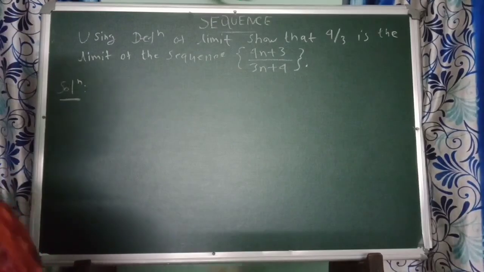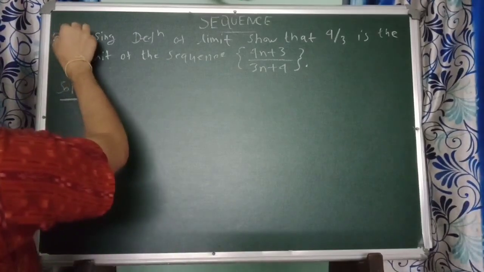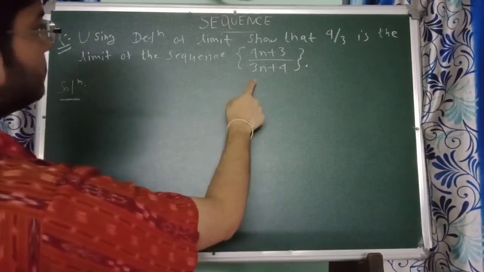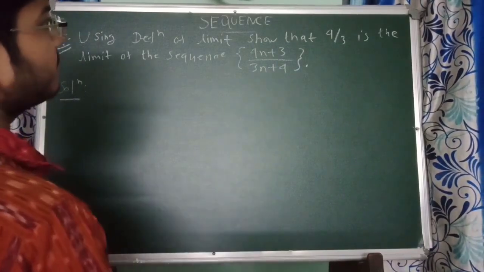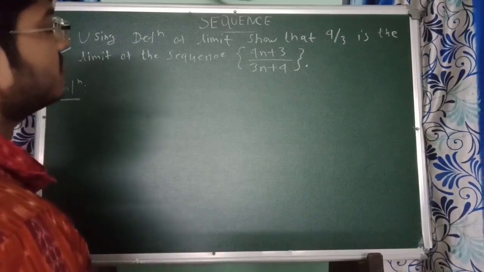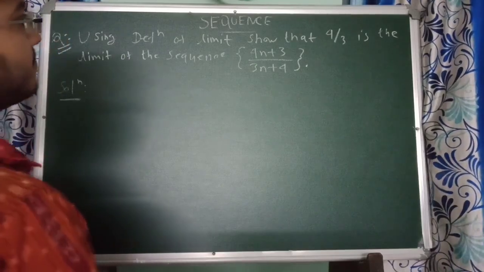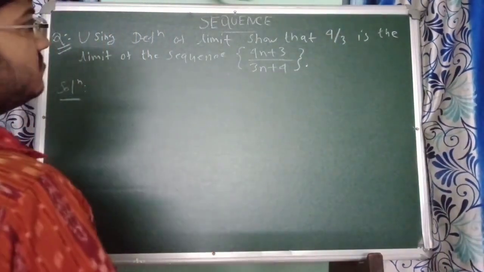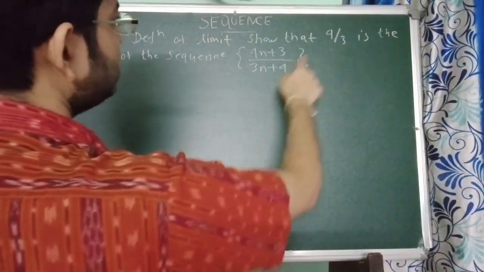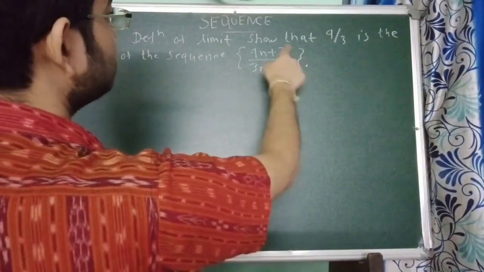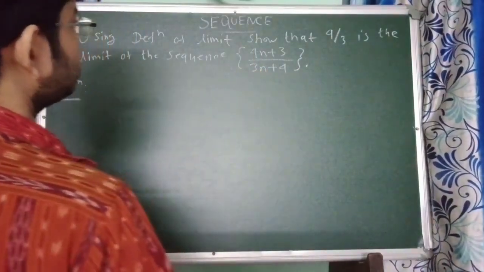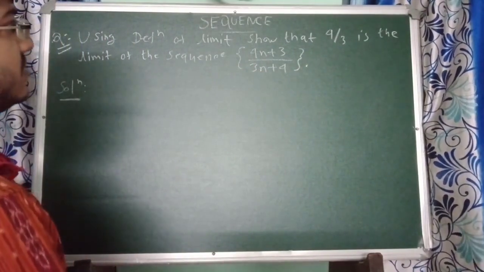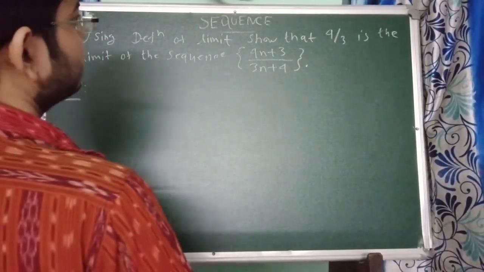In this question, we are given 4/3, and we show that this 4/3 is the limit of the sequence using the previous definition which we have studied earlier.